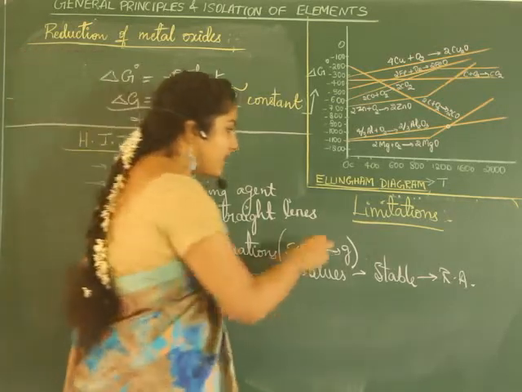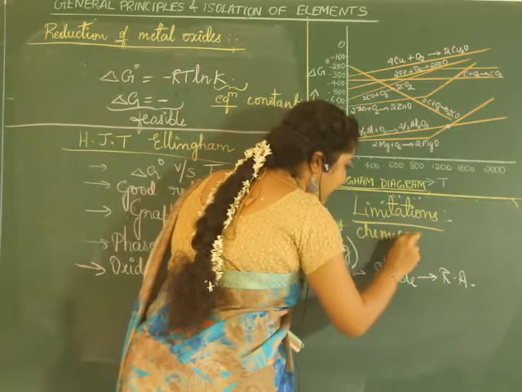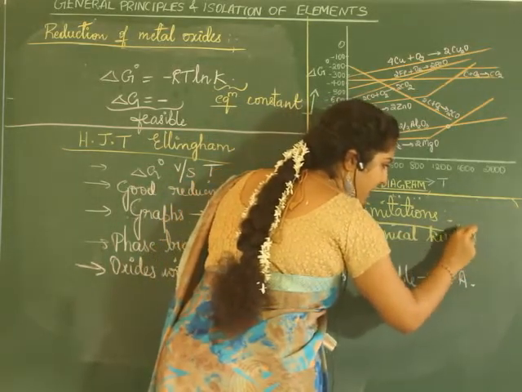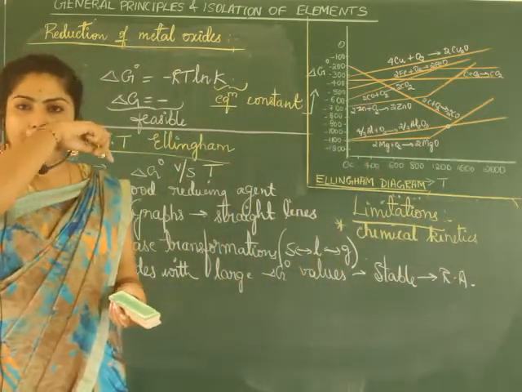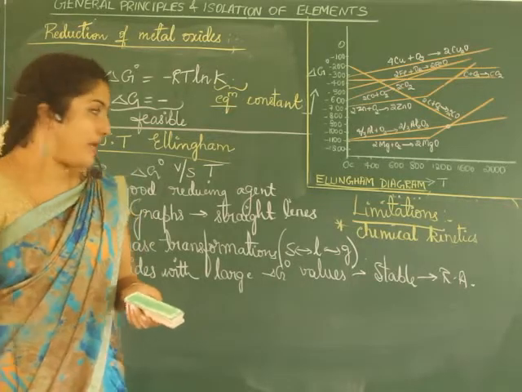That means chemical kinetics is not explained. The Ellingham diagram does not give information about the chemical kinetics of the reaction.